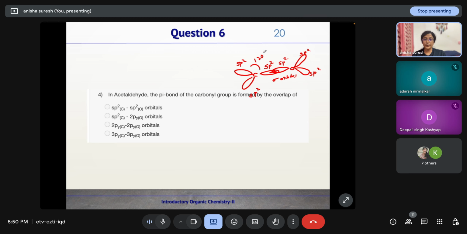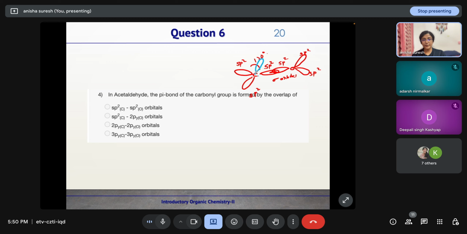Bond angle 120 degree. Now the orbitals that will be present perpendicular to these sp2 hybridized orbitals.